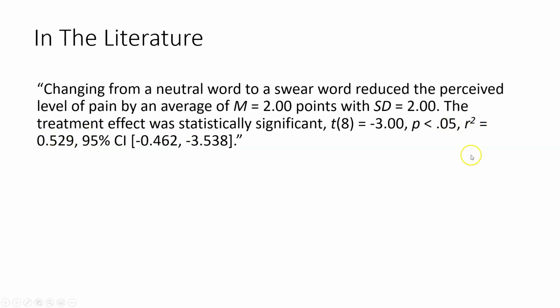You might also list d there instead if you prefer, and then 95% confidence interval ranges from -0.462 to -3.538. Those two values are separated by a comma and they appear in brackets. So that's how you write up a sentence in APA format for the literature.